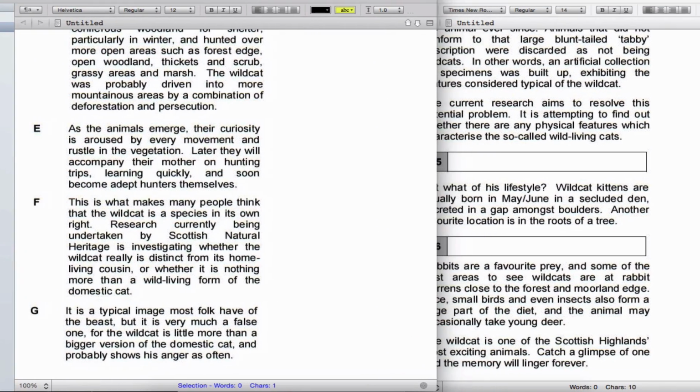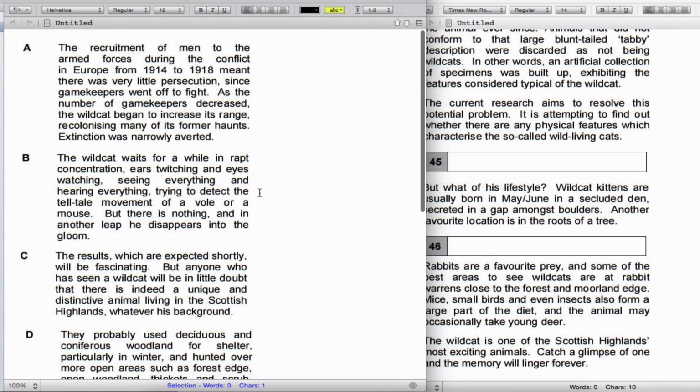Okay, and on this side I have paragraphs.